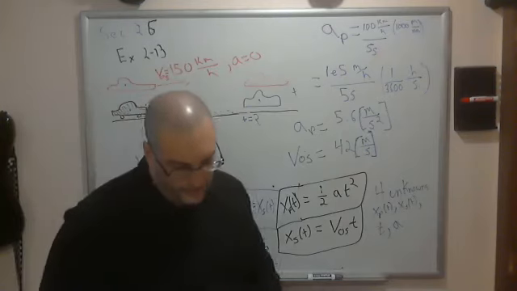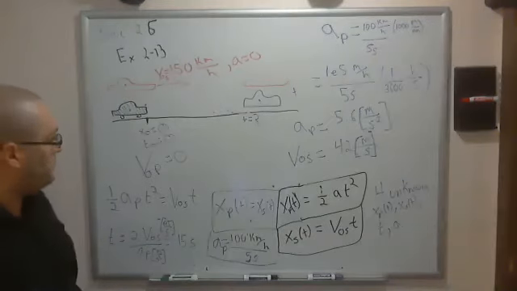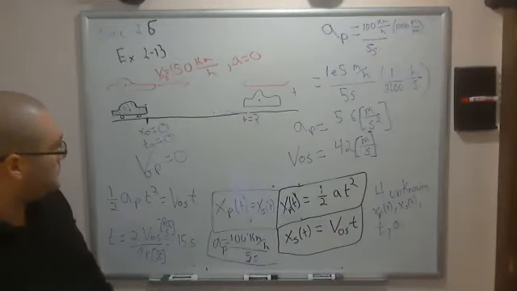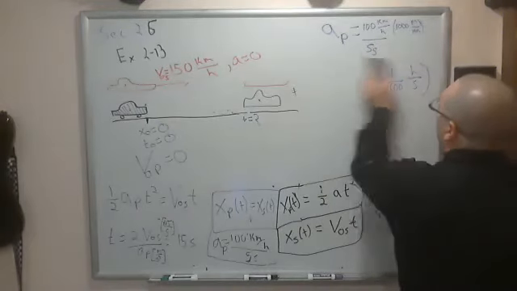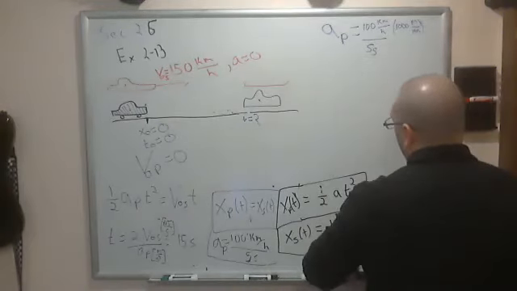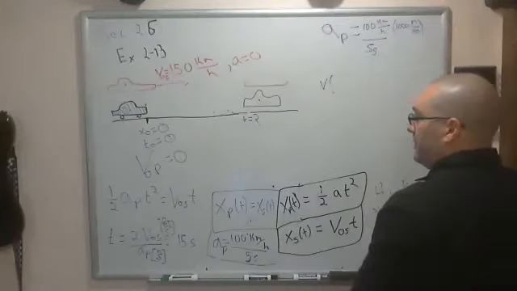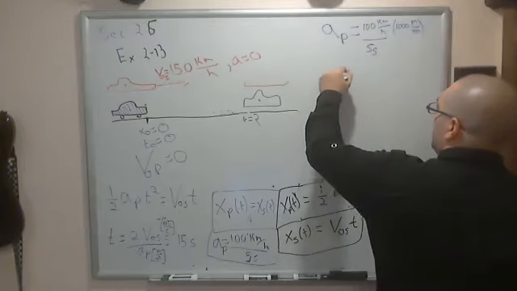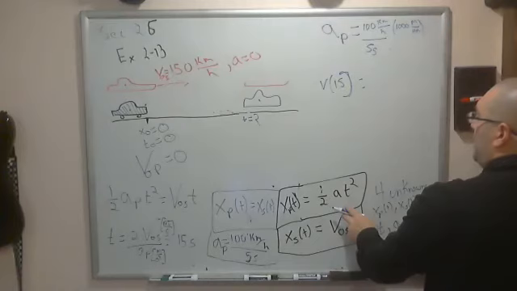Well, what is its final velocity by the time it catches up to that car? So let's erase this. Let's see how fast it's going when it finally reaches the speeder, so the cop car. Let's plug in the equation for the cop car.